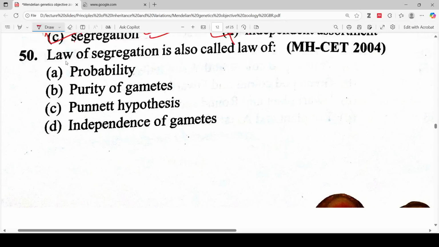The law of segregation is also called probability, purity of gametes, Punnett's hypothesis, or independence of gametes. So the correct answer is option B, purity of gamete. Next question.